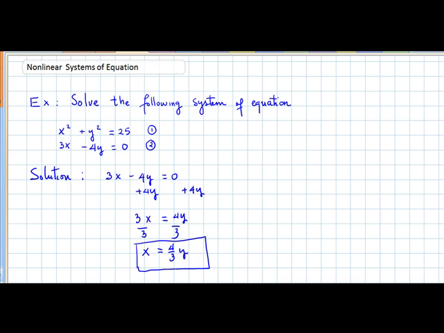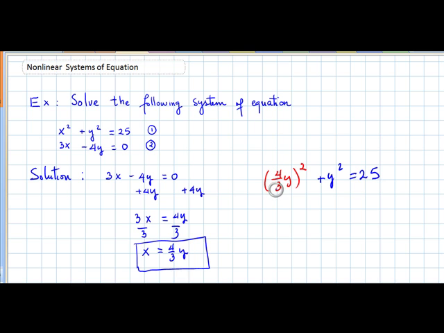So now I substitute this inside equation 1. So x is 4 over 3 y, squared. That is x squared plus y squared equal to 25.